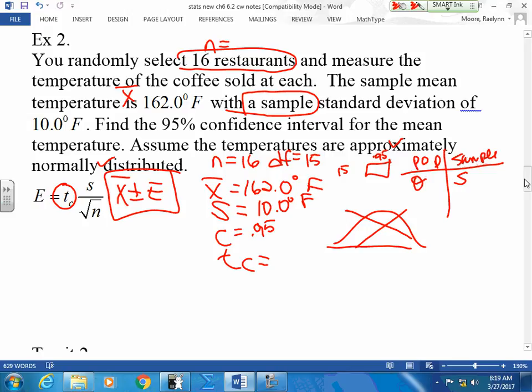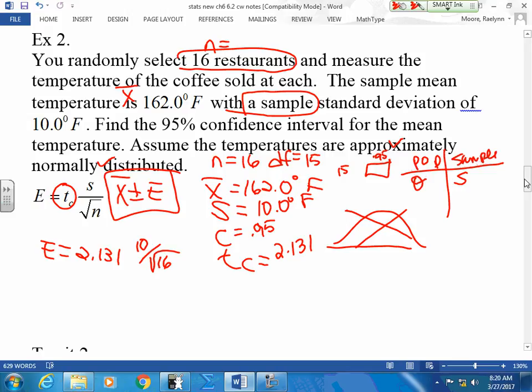It's going to be positive. Your table will say positive. Just pull out that number. If you found it? 2.131. Thank you. This is how simple this is. So I find my margin of error. It's already positive for me. I put in my sample standard deviation, 10, divided by the square root of 16.